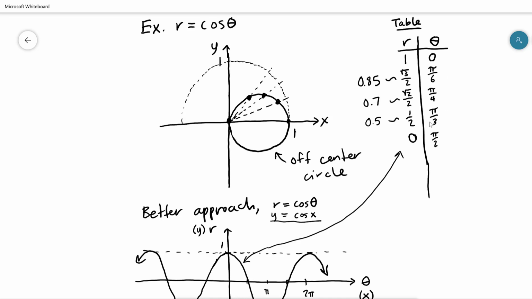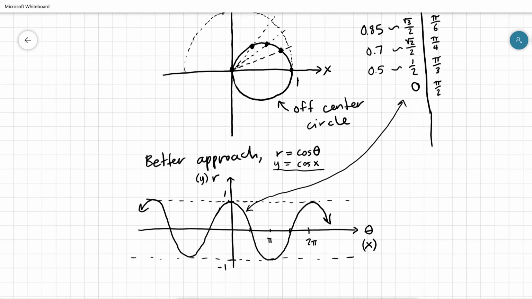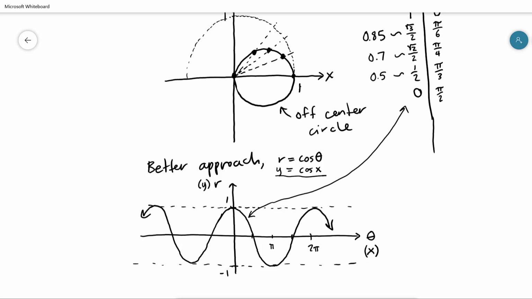We're translating basically from the table. And in a lot of ways, this is going to be an easier way to track the values that we want here. All I really need to know is that I started off when theta was 0. Again, theta was 0, r was 1. That puts me at, on this graph, theta equals 0, here's r equals 1.